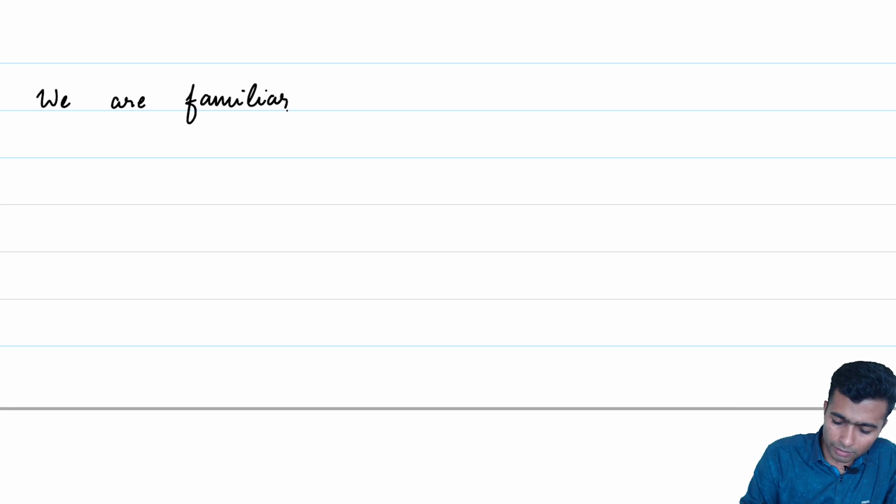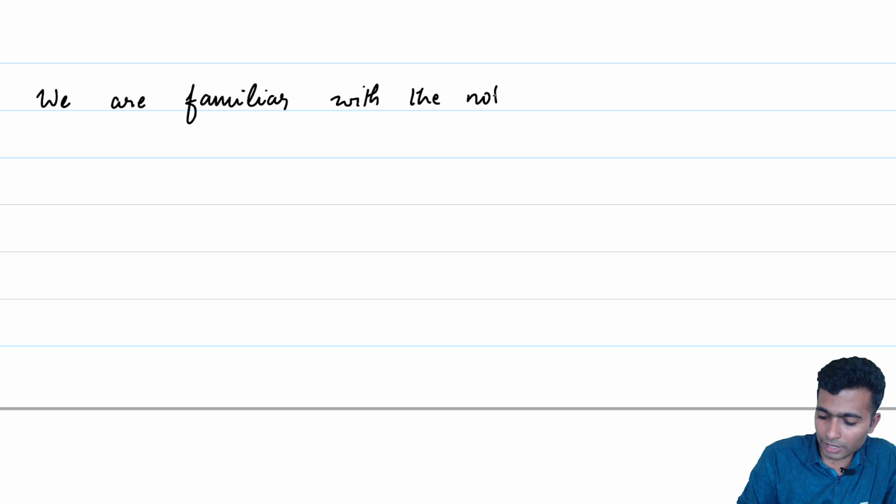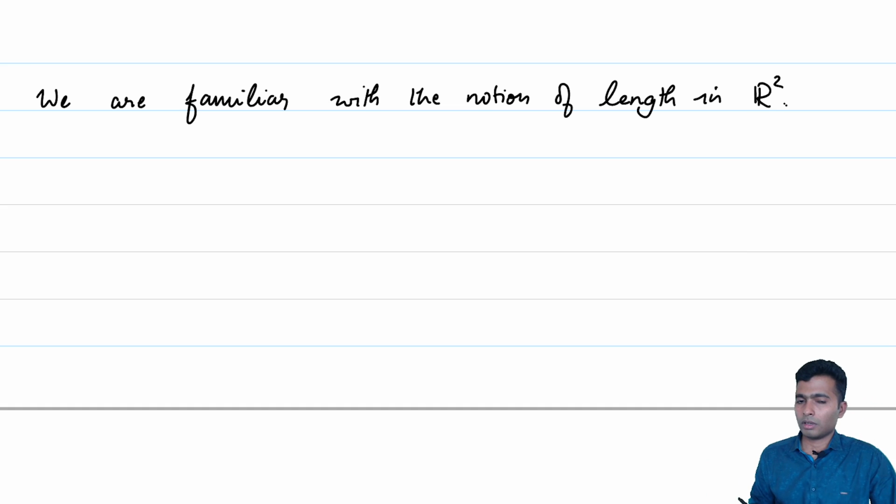So we are familiar with the notion of length in R2. The first drawback of the notion of length is that it is not linear.